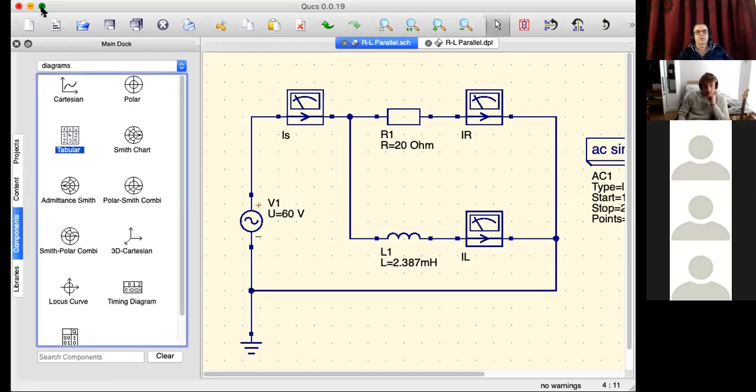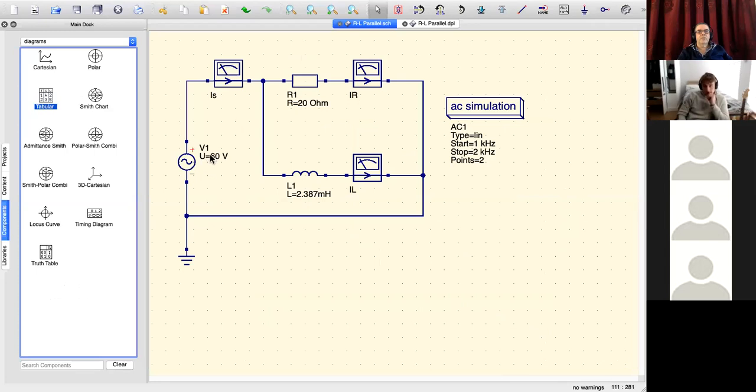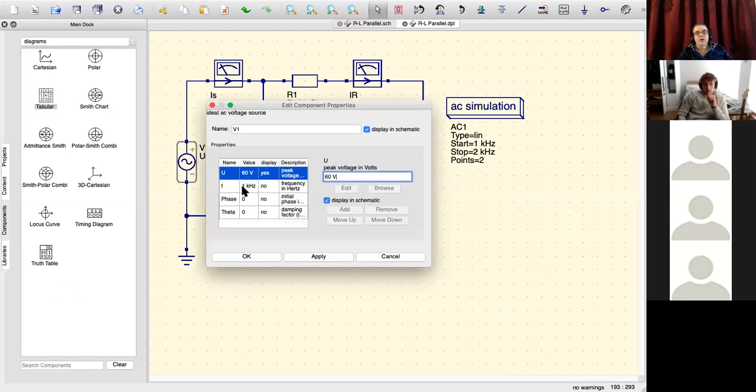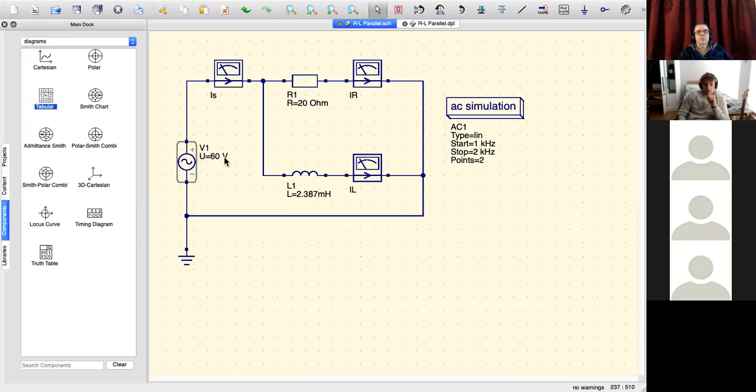I've put in an AC source here, 60 volts, and inside that 1K. I'll put an ammeter in for IS, IR, and IL, and I've got the inductor and the resistor in parallel.